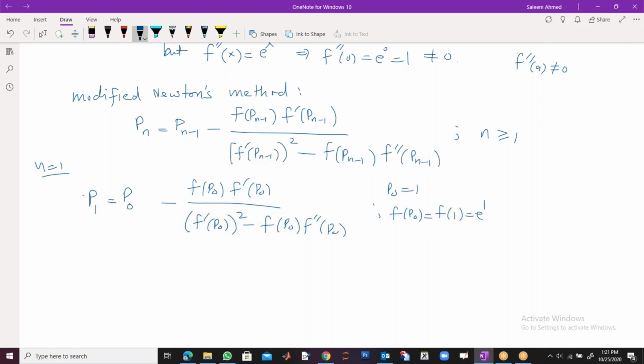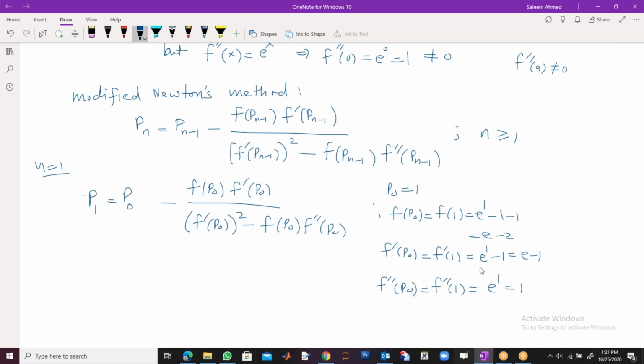F of 1 is e to the power 1 minus 1 minus 1, so e minus 2, right? Similarly, f prime at 1 is e to the power x minus 1, the derivative, so e minus 1. And f double prime at 1 is just e to the power 1, which is e.